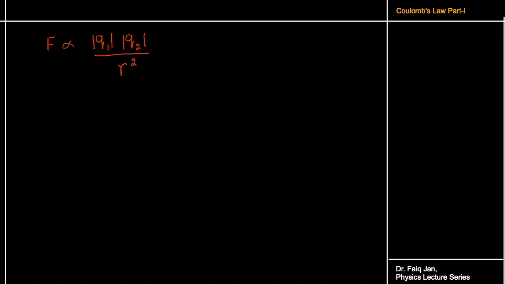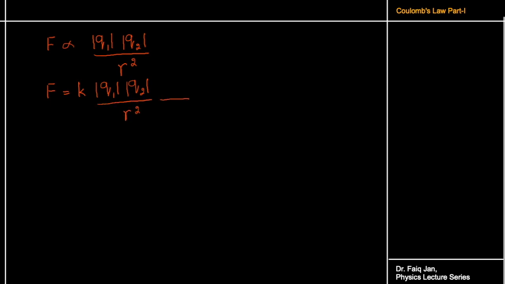To remove the sign of proportionality, we put a constant k: F equals k |Q1| |Q2| divided by r squared.